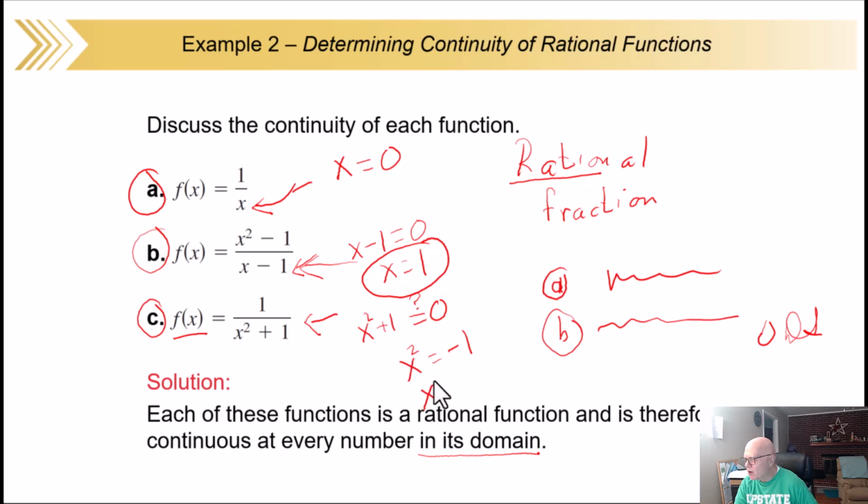If I square a number, can I ever get a -1? Absolutely not. When you square any real number, you get a positive number or 0. You definitely don't get a negative number. So there's no x that's going to make things discontinuous. This will be a nice continuous function, actually.